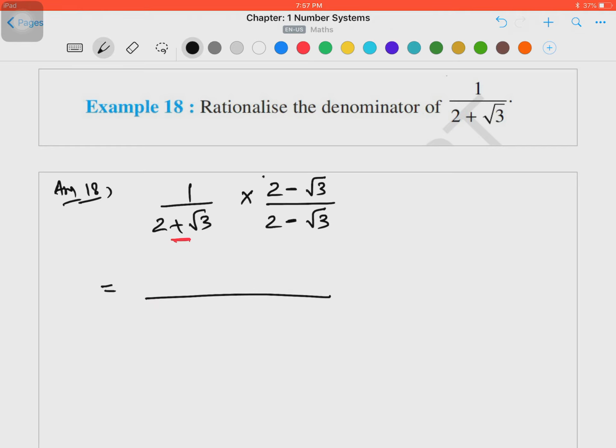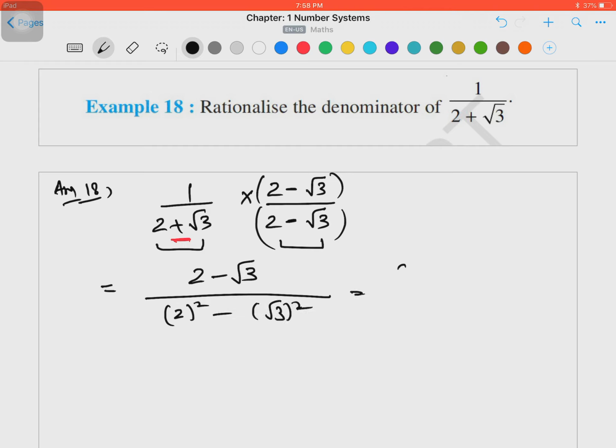Now this 1 multiplied by 2 minus root 3 will be 2 minus root 3. Now here we have 2 plus root 3 and 2 minus root 3. Here you can apply the identity, which is a plus b multiplied by a minus b. So it will be the square of the first term, which is 2, and the square of the second term, which is root 3.